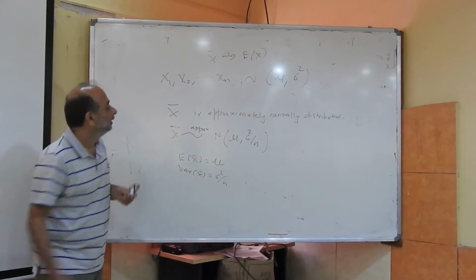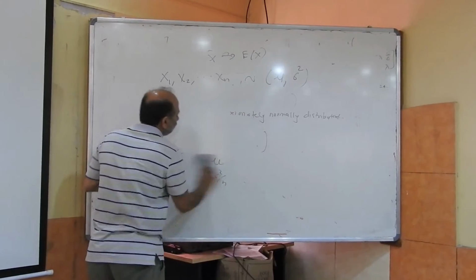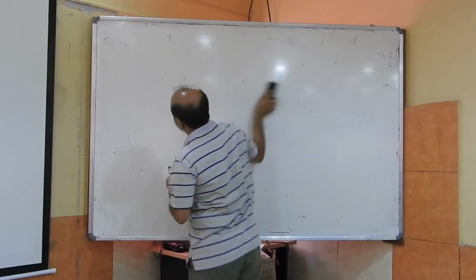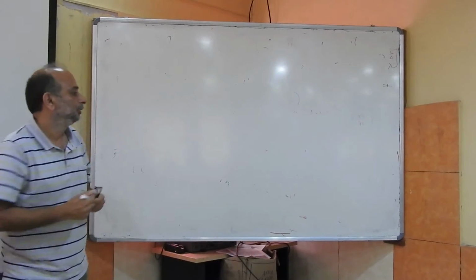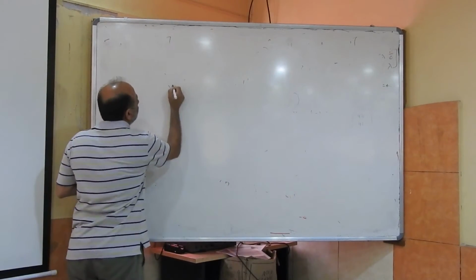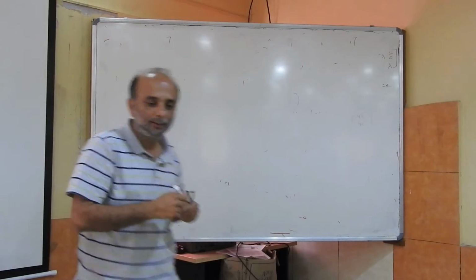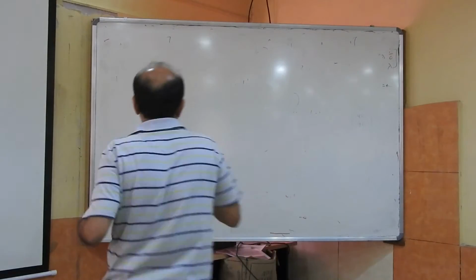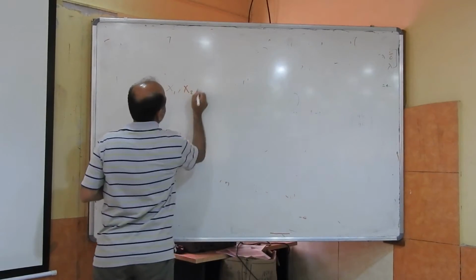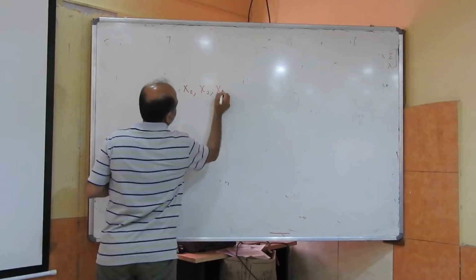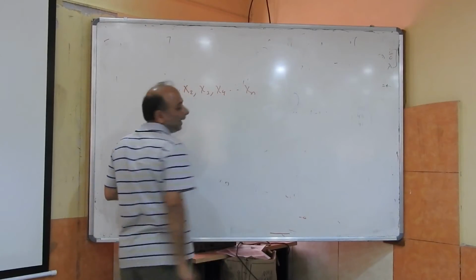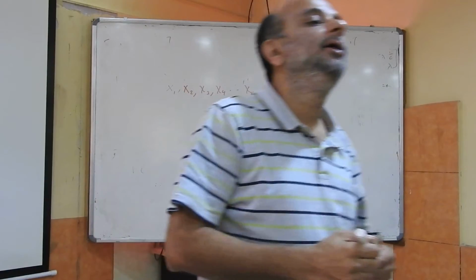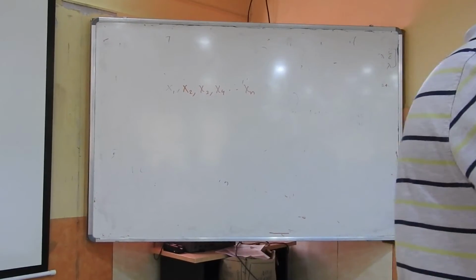So think of x1, ..., xn. This is a sample which is coming from a population.